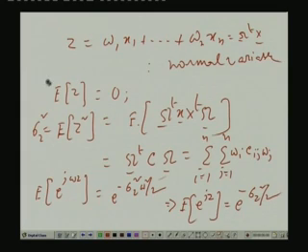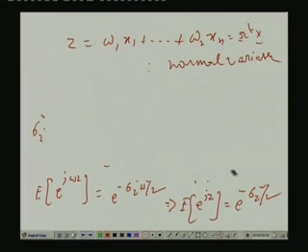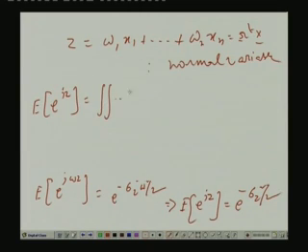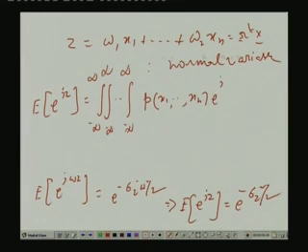Let me erase some part and explain this further. The expected value of e to the power jz is also the same as e to the power j, where, because z is a function of x1 to xn, you replace z by the function which is omega transpose x, multiply by the corresponding densities and integrate, and you will get the same expected value.